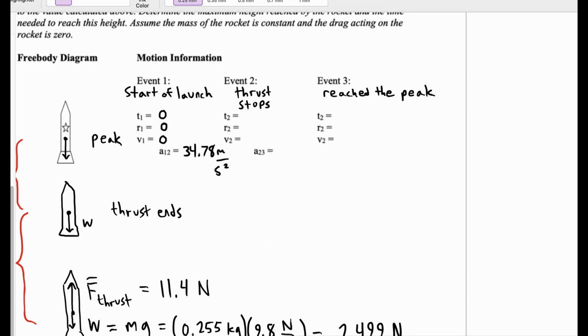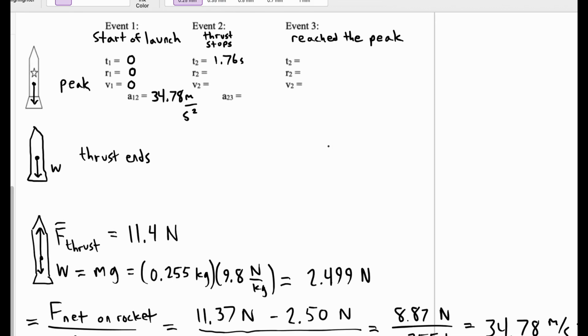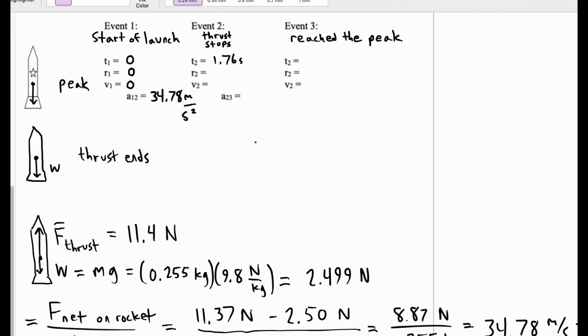Now our thrust stops. We know the answer to how long that takes. 1.76 seconds. How far does it go though? So let's just use motion formula for that right now.